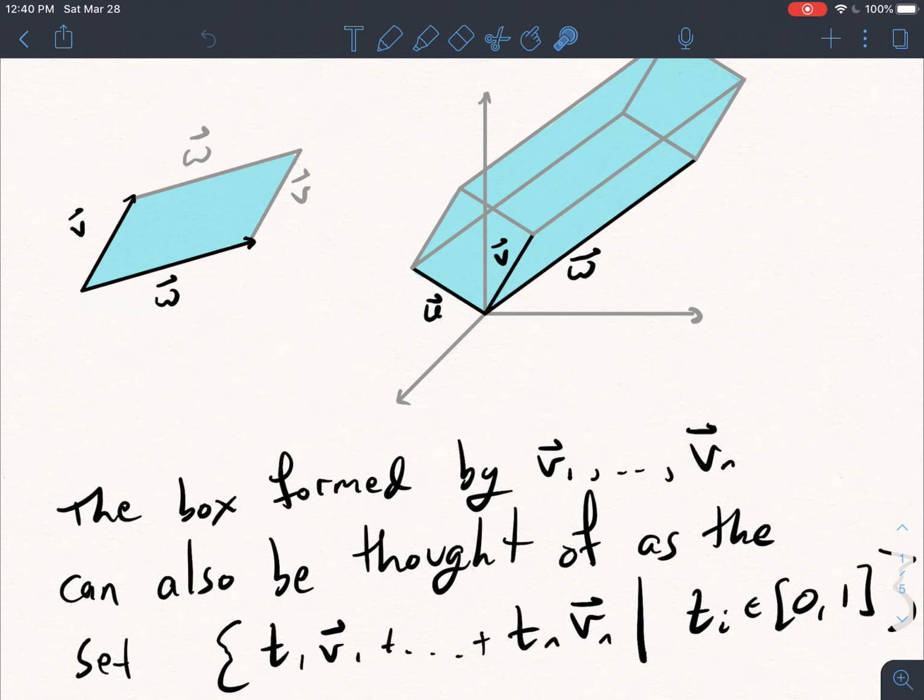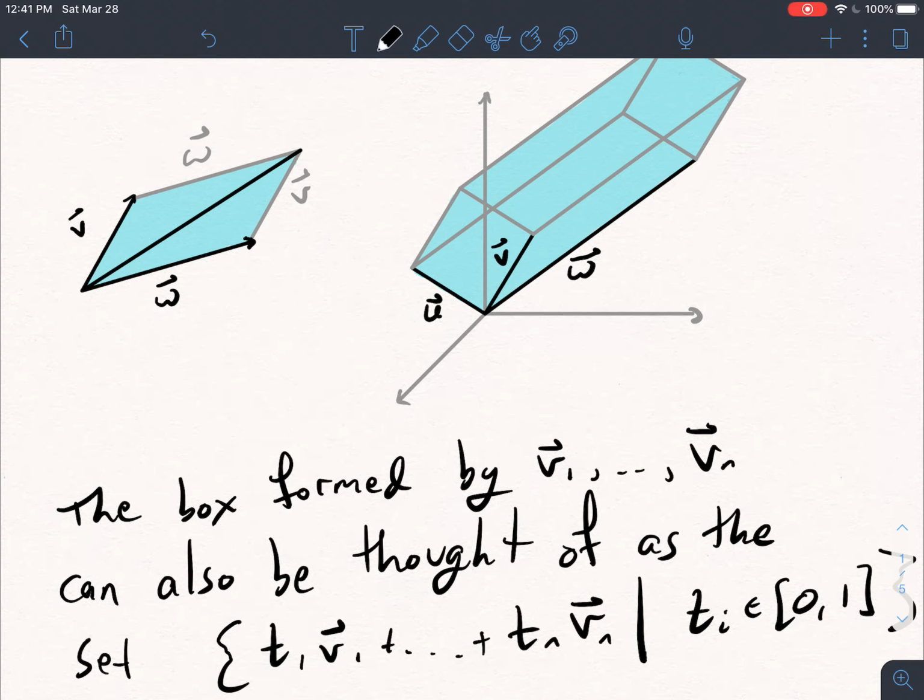So right here, we could think of this as just being 0w plus v, and this would be 0v plus w, and this point up here would be w plus v. Let me sort of draw that real quick.